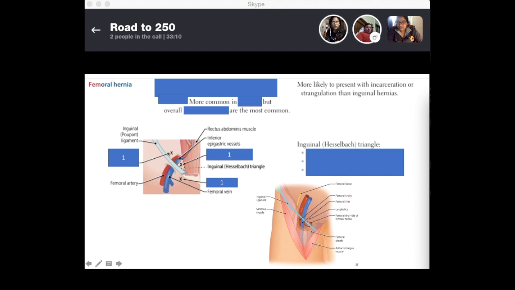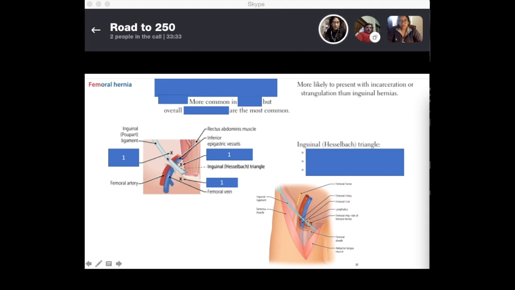So our first X that is currently circled, do you know what that one is? Inguinal. Now is it direct or indirect?